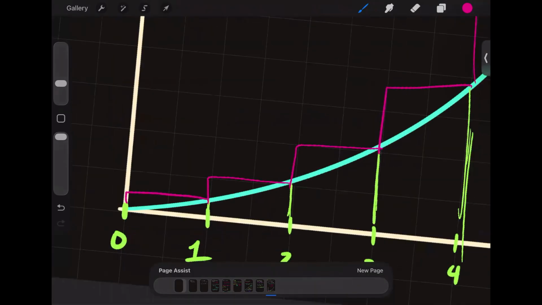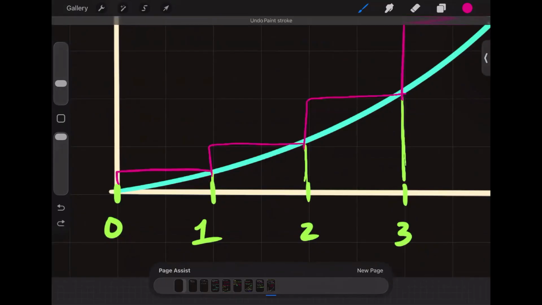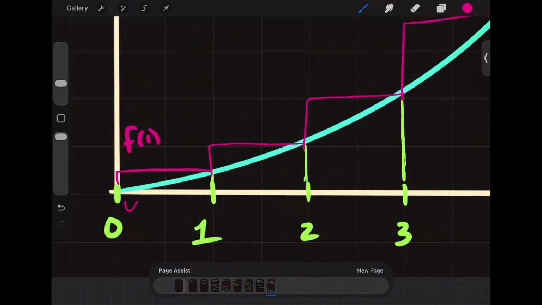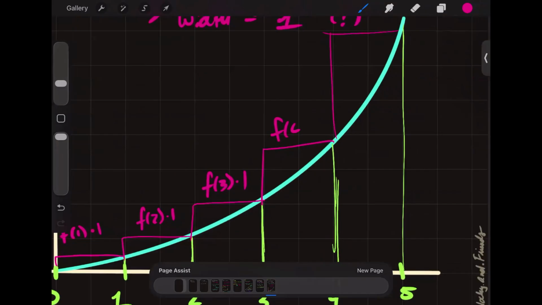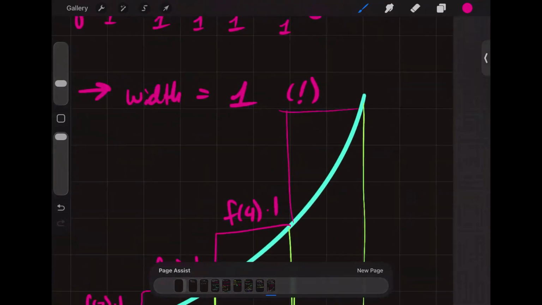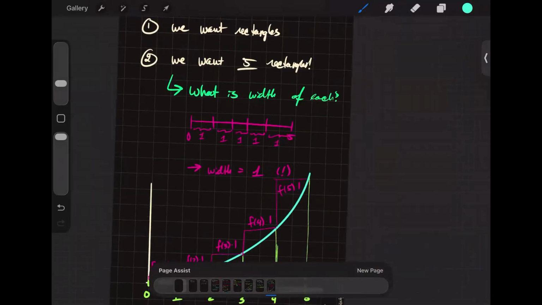How do I find the height of each piece? It hits the curve, so I want f of 1, the height, times 1, the width, and this is f of 2 times 1, f of 3 times 1, f of 4 times 1, and f of 5 times 1.